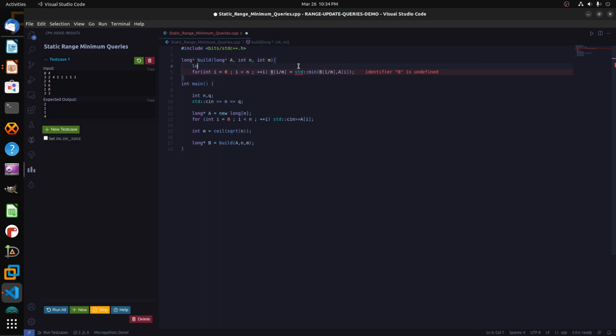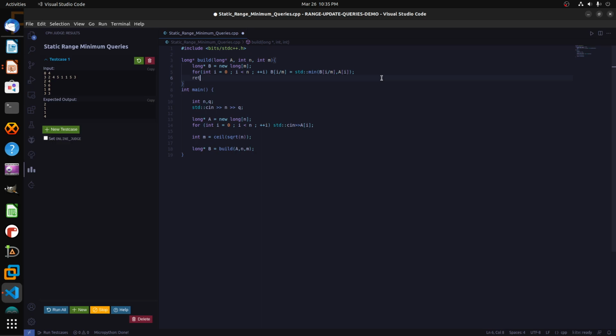Here I will first declare the array blocks, and here we have to return that array.